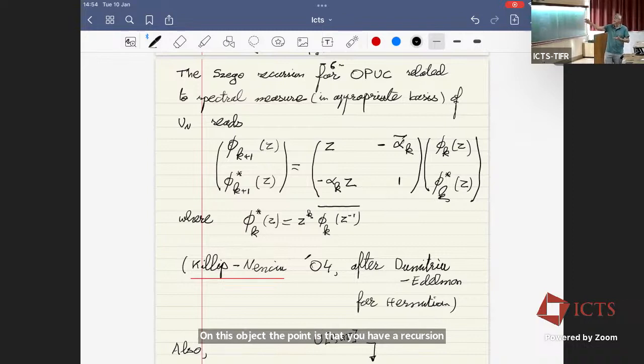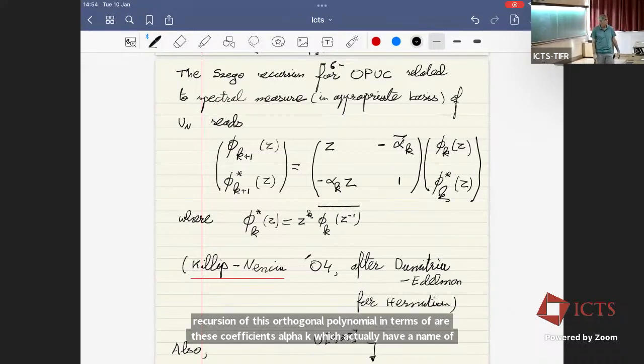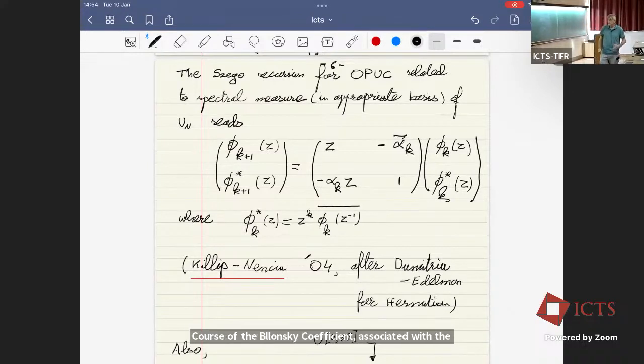You have a 3-term recursion of these orthogonal polynomials in terms of these coefficients alpha k, which actually have a name. They're called the Verblunsky coefficients associated with the orthogonal polynomials. It's a very general theory, but the beauty is that for these invariant ensembles, you get very simple coefficients in terms of independent random variables.